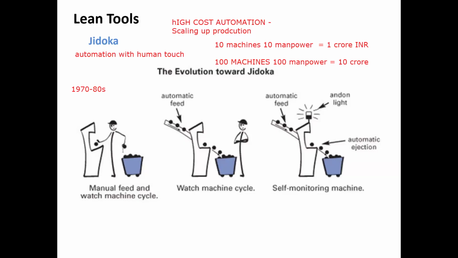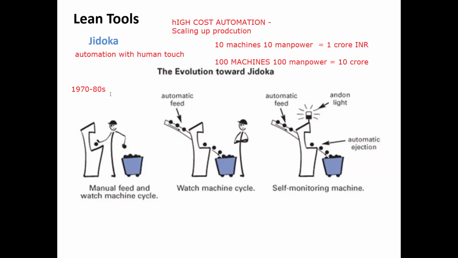So all these four activities he was doing manually. Accordingly, his productivity was very low, quality was also inferior, and he was under a lot of stress. Right? So we call this a manual feed and watch machine cycle, and this was there between the 1970s and 80s.